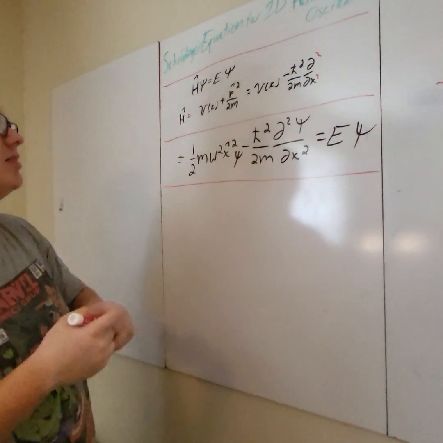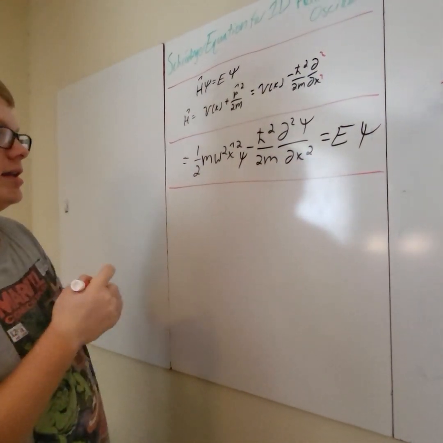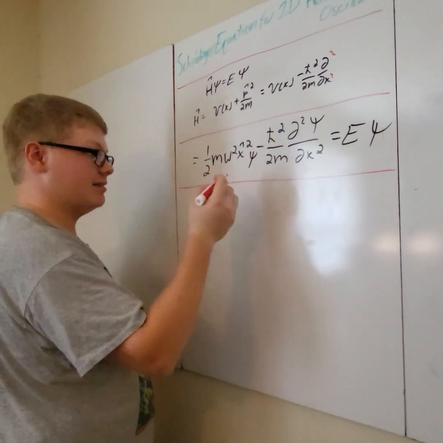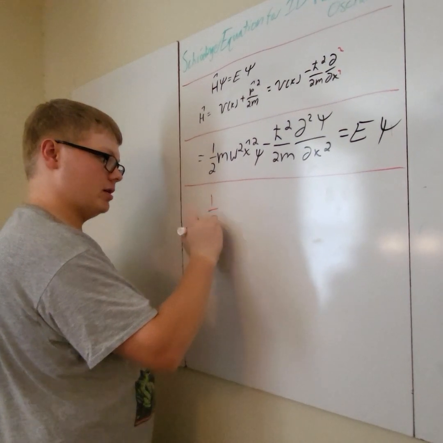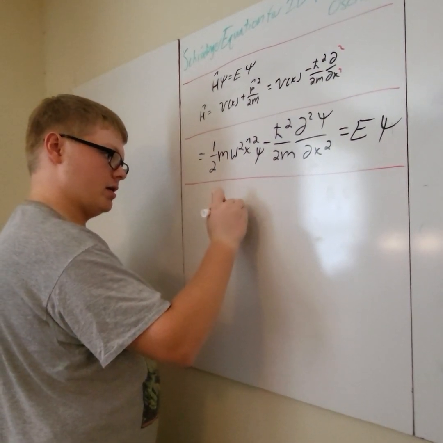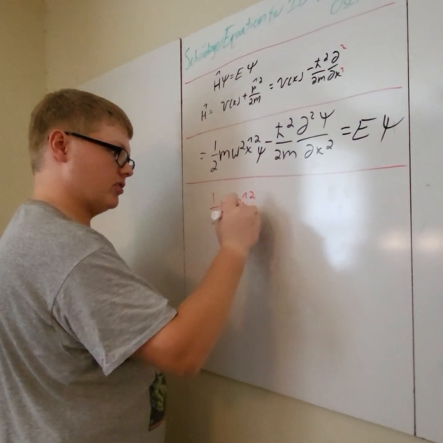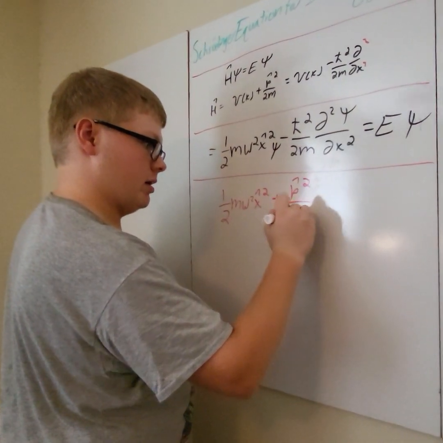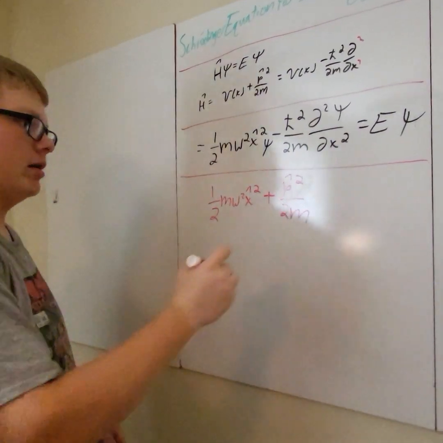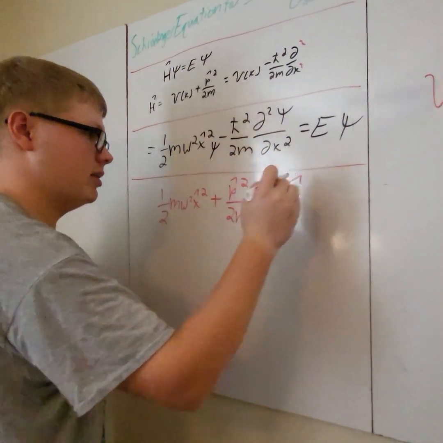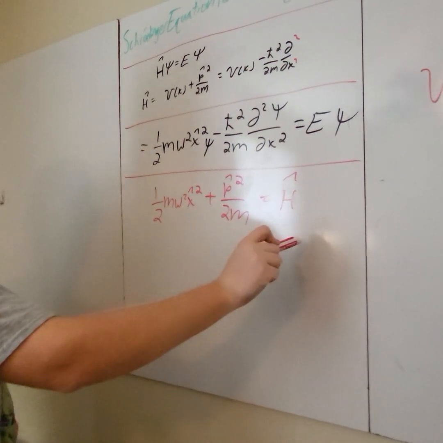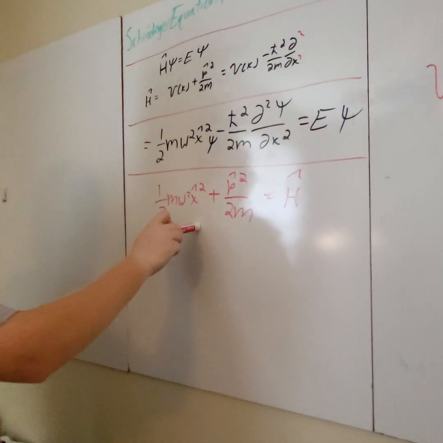We basically need to find the eigenvalues and eigenstates of an operator, which involves the position operator squared. We need to find the eigenvalues and eigenvectors of this operator right here.